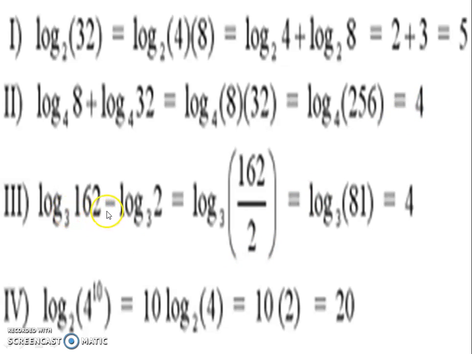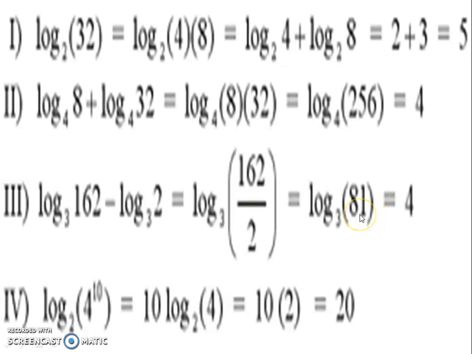Log 162 to the base 3 minus log 2 to the base 3. We use log m to the base a minus log n to the base a is log of m upon n, so log of 162 upon 2. Dividing 162 by 2 we get 81.